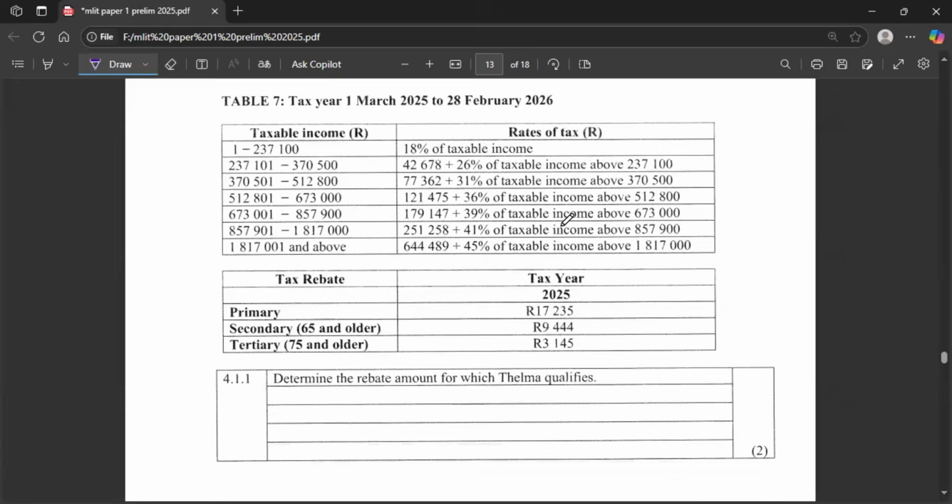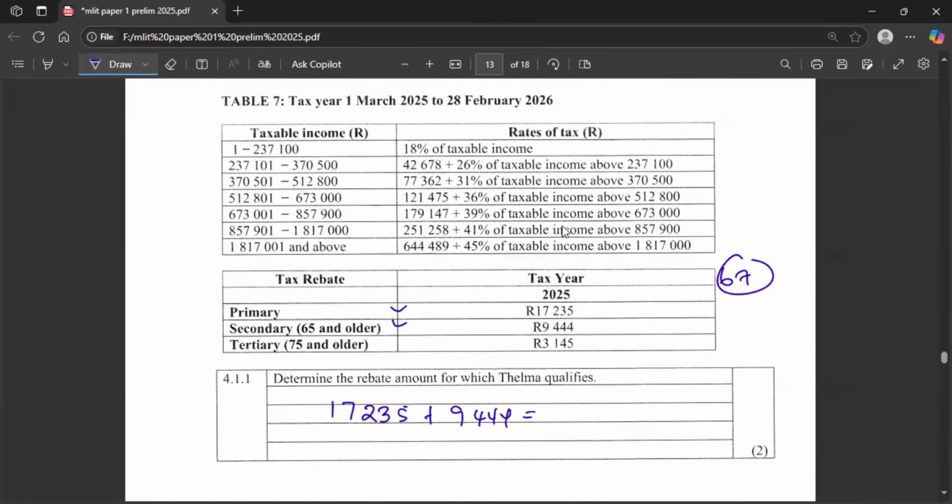So a rebate is basically money that you'll be excused from paying, okay? So looking at this lady's age, which is 67, she qualifies for just the primary and the secondary, meaning that 17235 plus 9444.